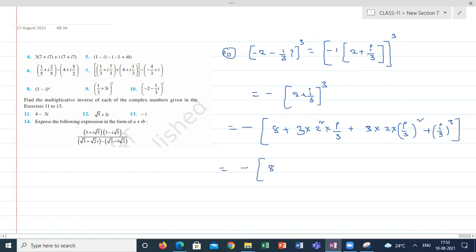So 8, if I am cancelling 3, this is 4i. This will be 2 by 3 i square, i cube by 3. So what is my answer finally? 8 plus 4i minus 2 by 3 minus i by 3.